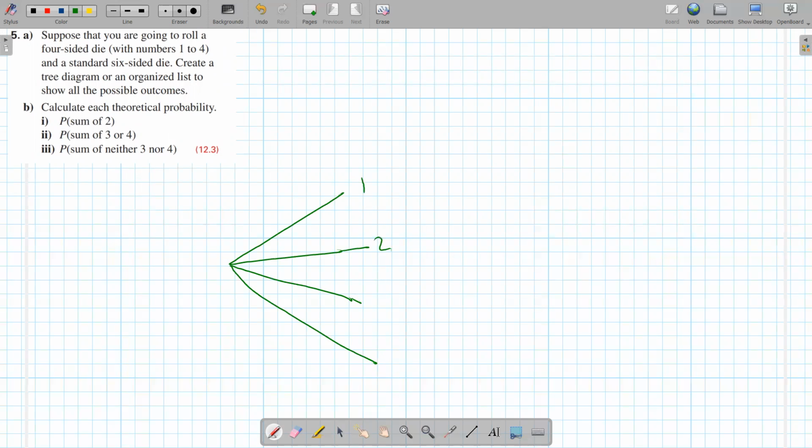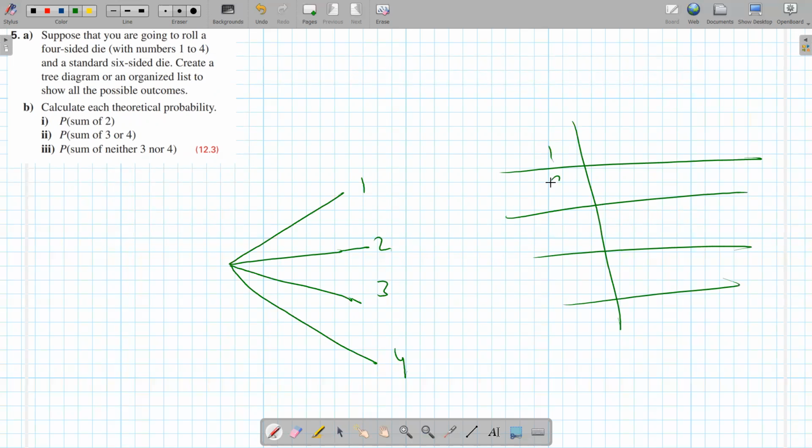And after this, you're gonna roll a 6-sided die. So what are the options? Getting 1 through 6. You can have 1, 2, 3, 4 on the first, then you can have 1, 2, 3, 4, 5, 6.